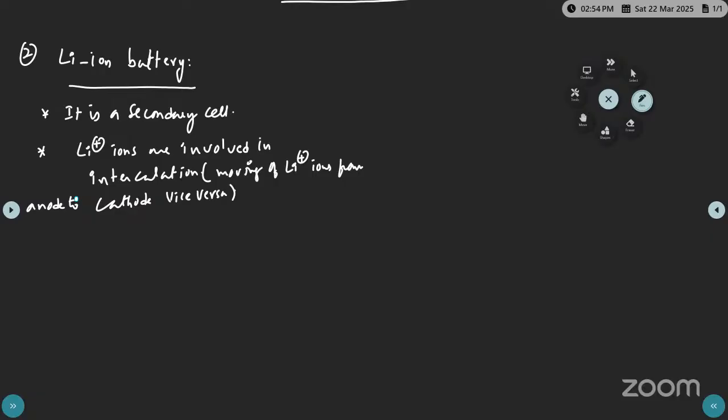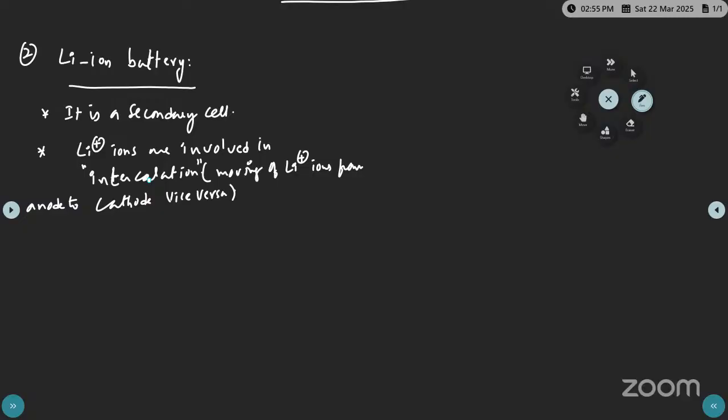So in this battery, the lithium ions move from anode to cathode and cathode to anode through the electrolyte solution. That process is known as intercalation. Okay, lithium ions are involved in intercalation, meaning moving of lithium ions from anode to cathode and vice versa.